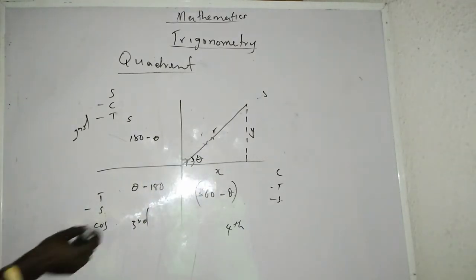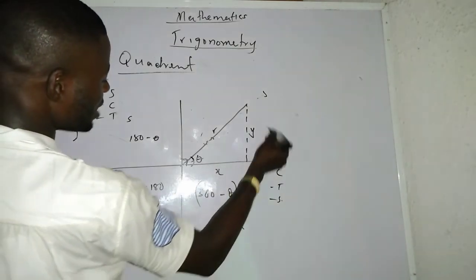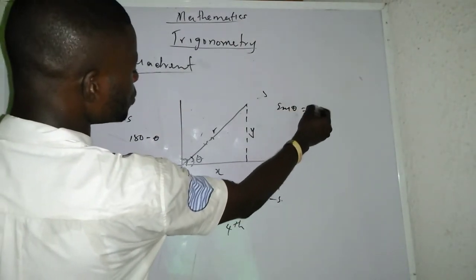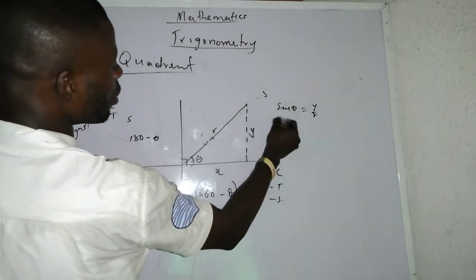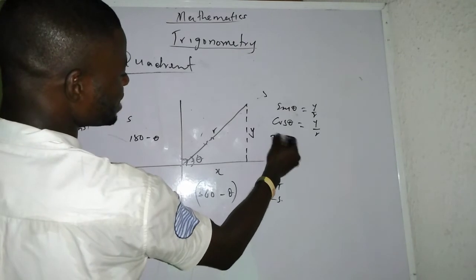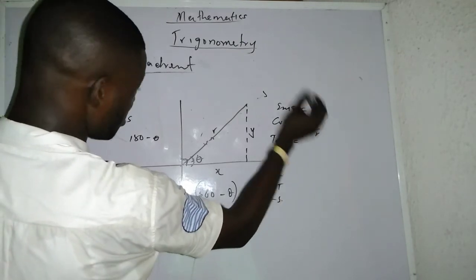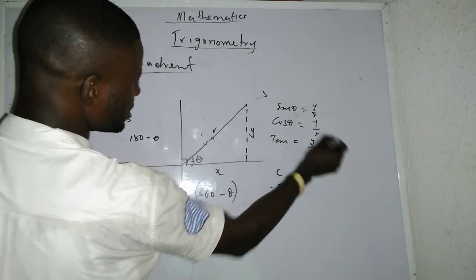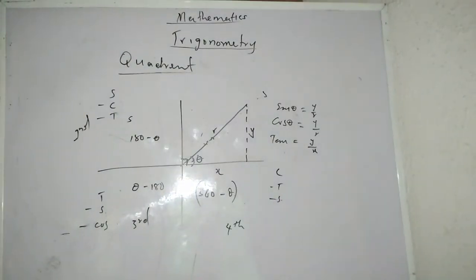Sin theta is always equals to y all over r. Cos theta is equals to x all over r. Tan theta is equals to what? Y all over x. Now everything there is positive.